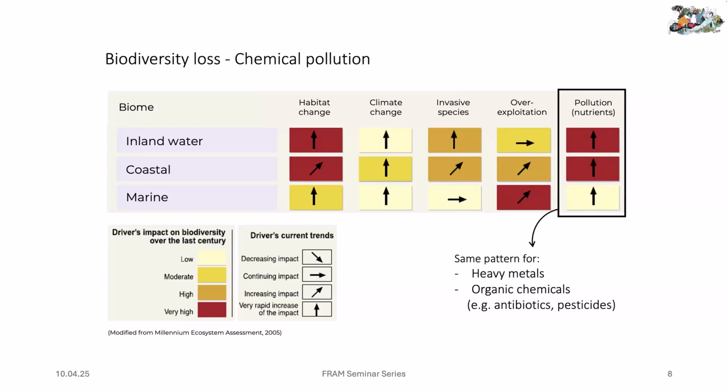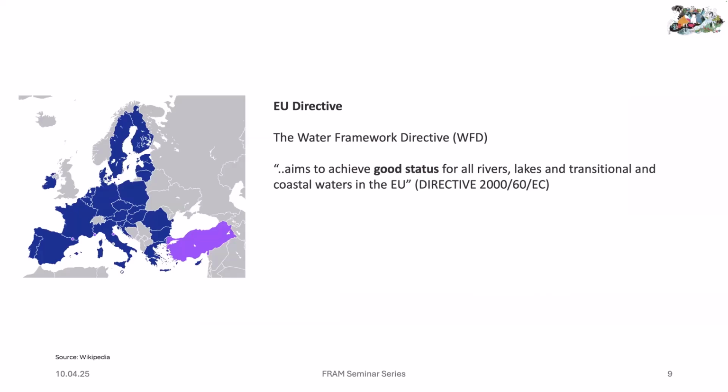coastal areas. In this context, the European Union has established a directive whose aim is to achieve good status for all aquatic lakes and transitional waters in the European Union. But what do we understand by good status?